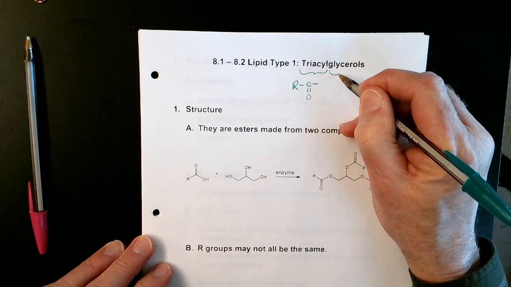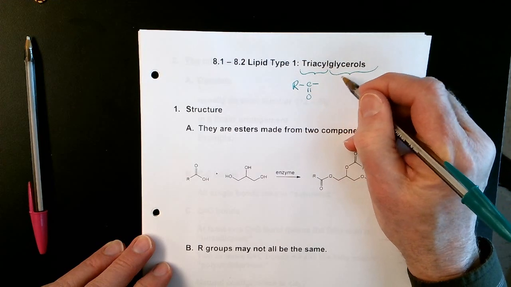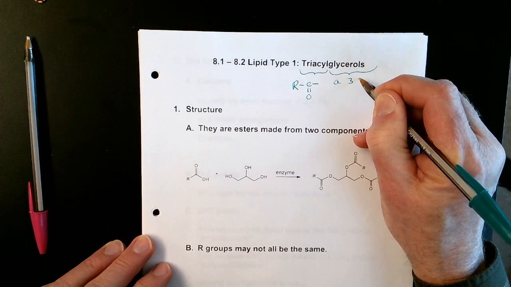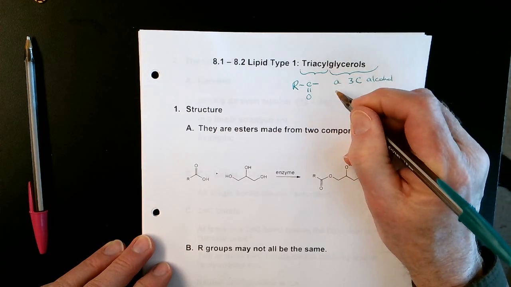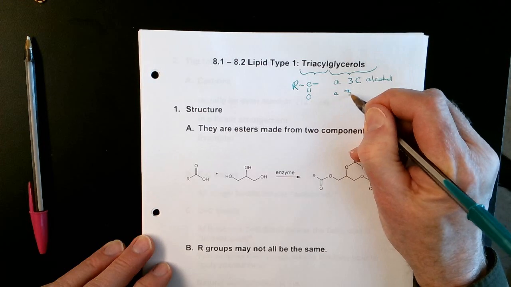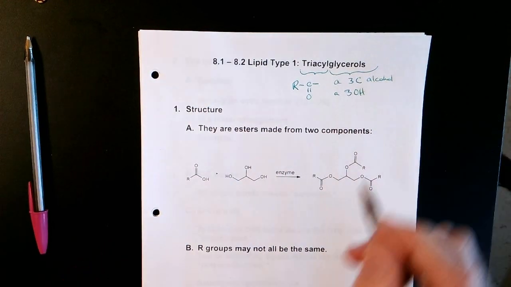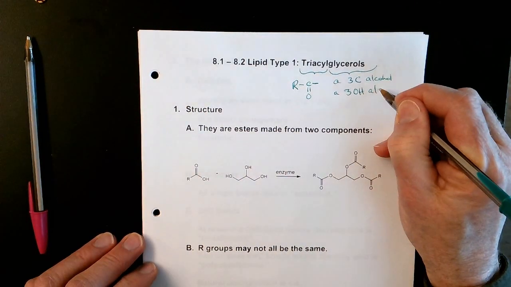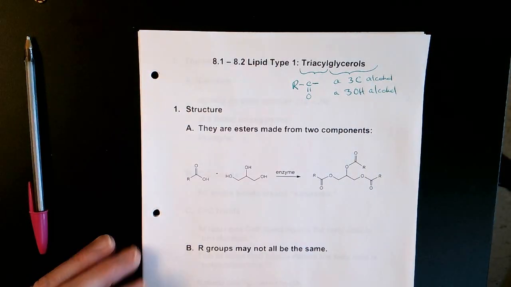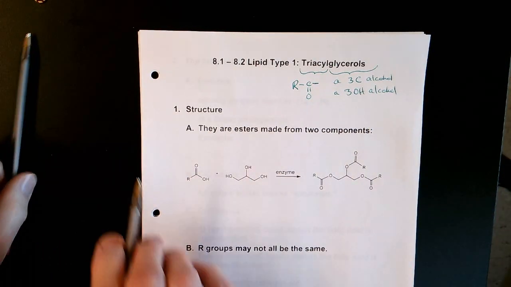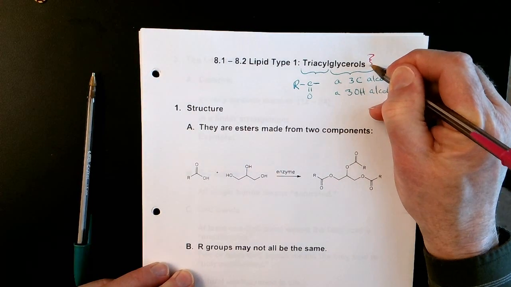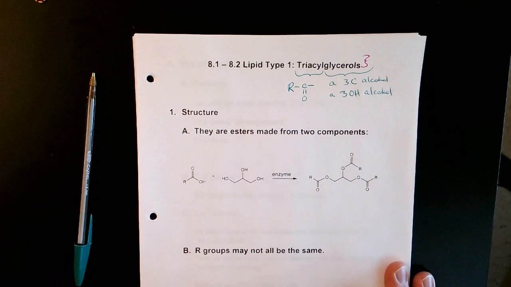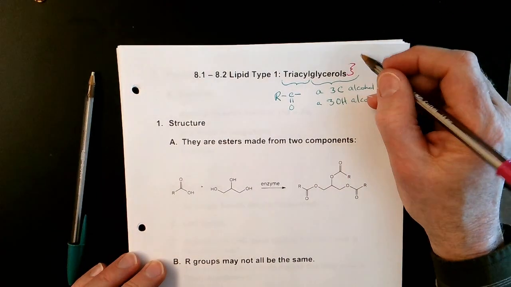And glycerol. Okay, glycerol is a 3-carbon alcohol, and it's a 3-OH alcohol. All right. But the total thing, triacylglycerols, really has one functional group in it that is absolutely straight out of your organic class.